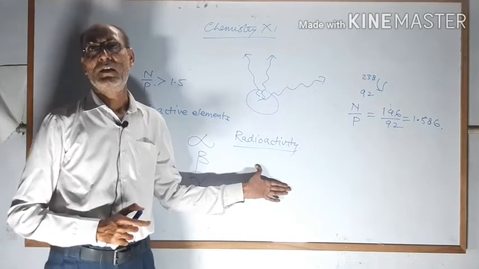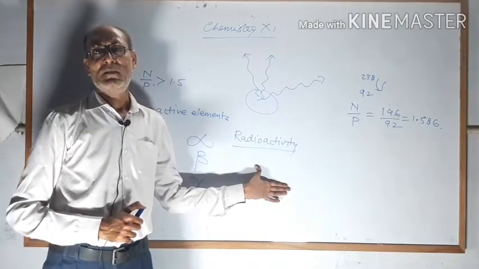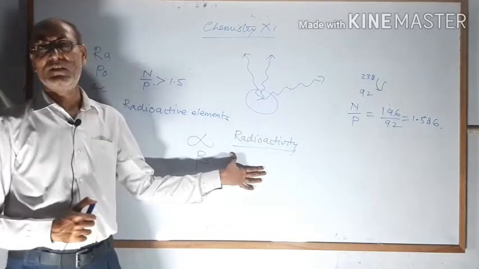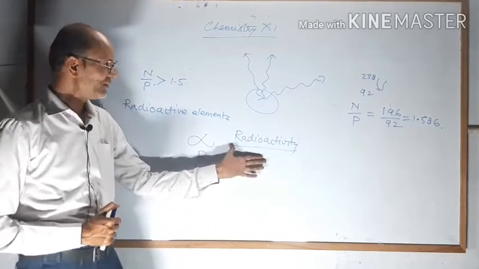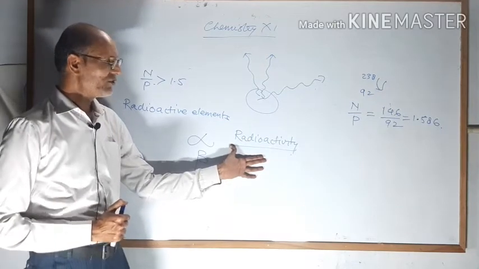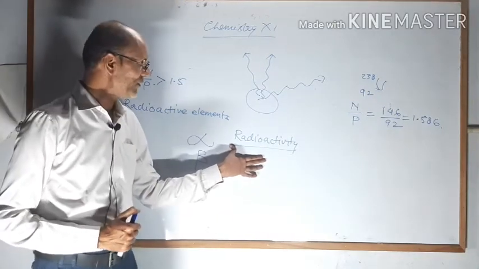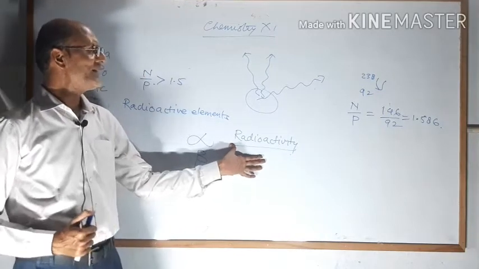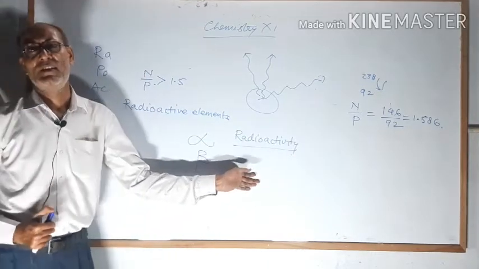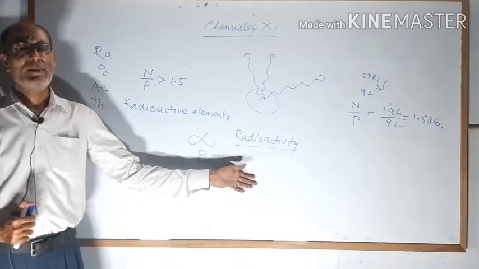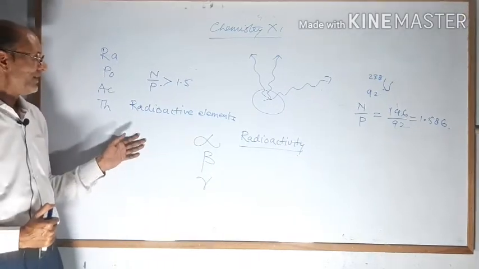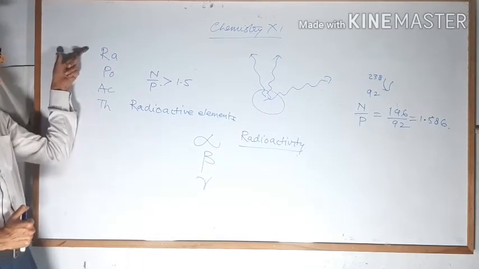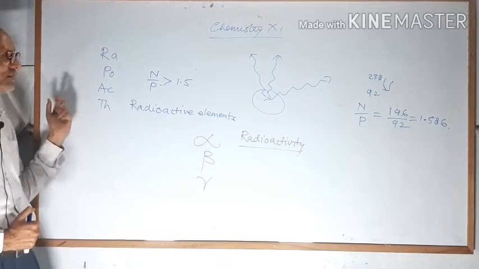Who discovered radioactivity? Madame Curie and her husband Pierre Curie discovered radioactivity and got the Nobel Prize for this. And what are radioactive elements? The elements which emit radioactive radiation are called radioactive elements, and examples are radium, polonium, actinium, thorium.